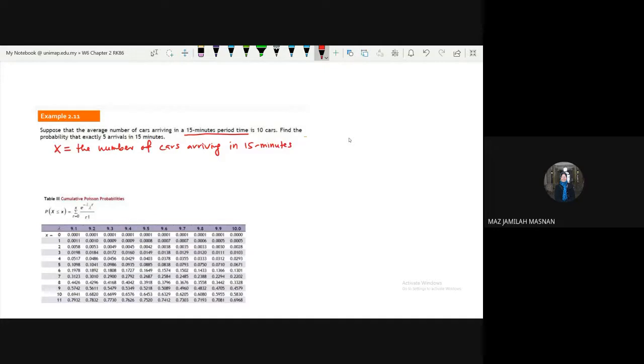In 15 minutes we know 10 cars. So X is Poisson distributed, and what is lambda? This is your lambda, 10. So you have your X defined and its distribution: Poisson with lambda 10.